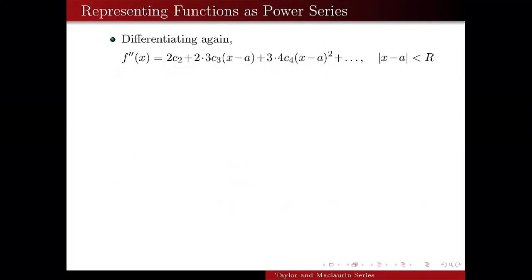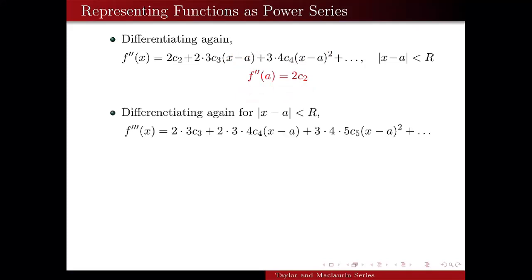And then from here, we evaluate again at x equals a. So this will disappear, and we will end up with this identity here. F double prime at a is equal to 2c2. Let's get the derivative of this again. We will end up with this.